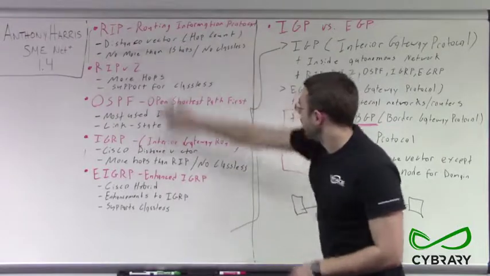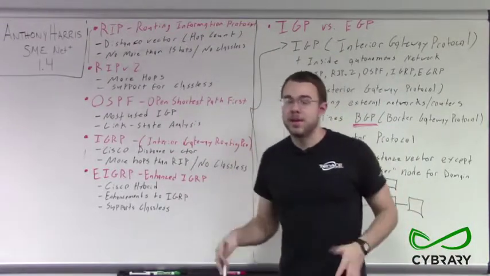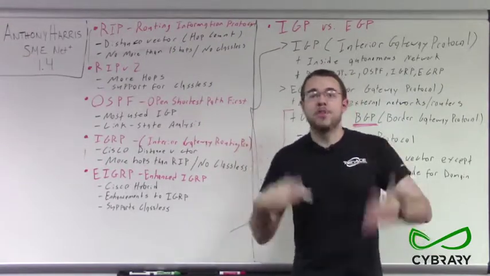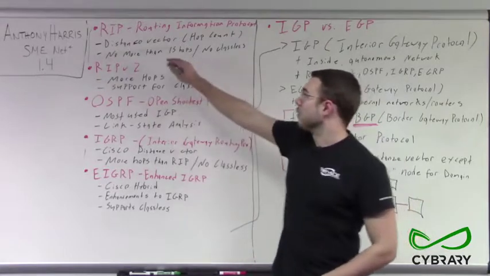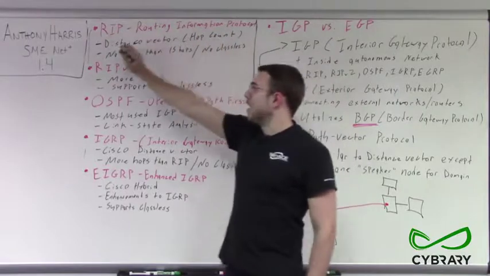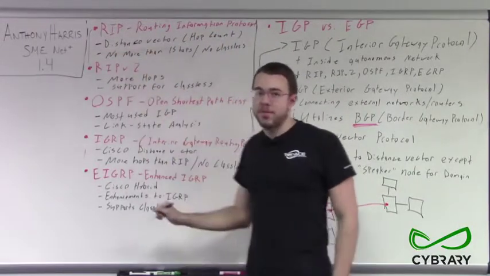because remember, all of our protocols we're talking about right now are dynamic routing table protocols, which are used in order to update our dynamic tables on our routers. So RIP is only going to utilize hop count, but it's not going to be able to handle routes with more than 15 hops.